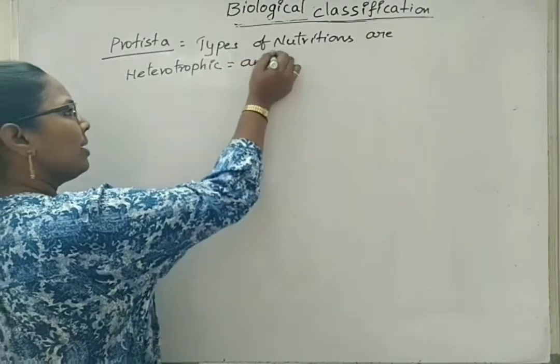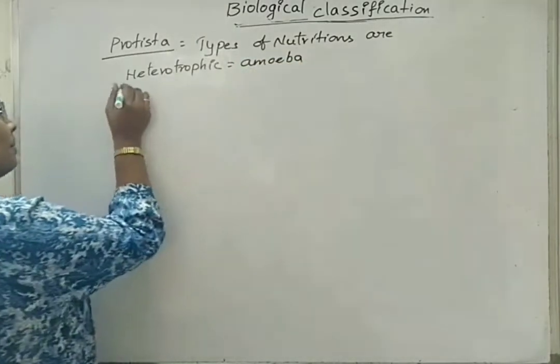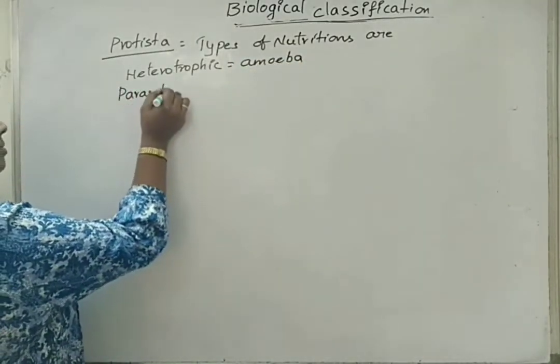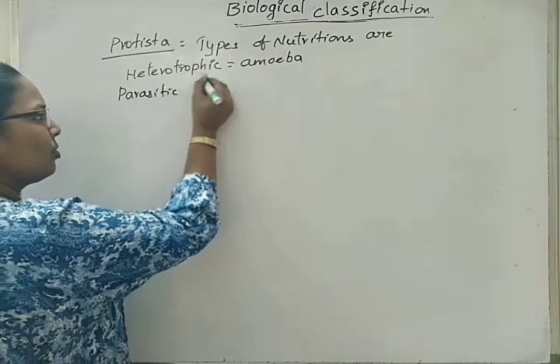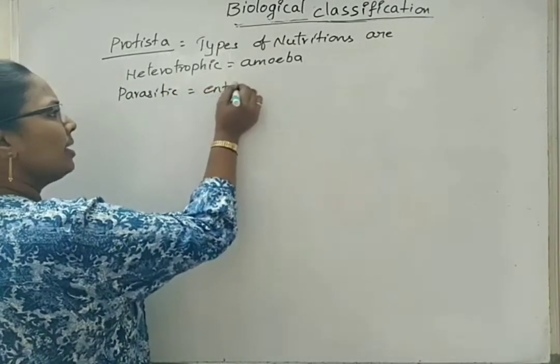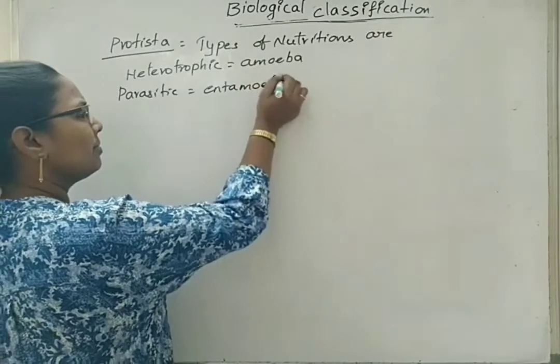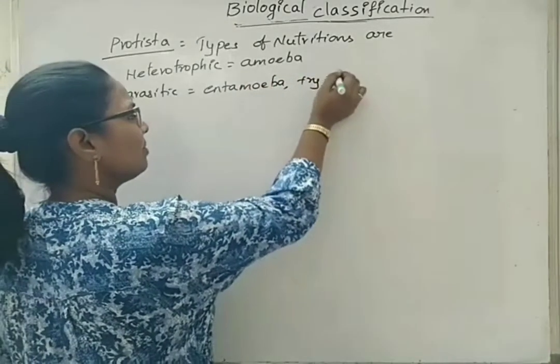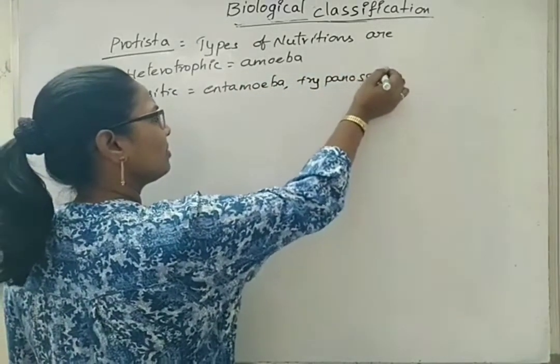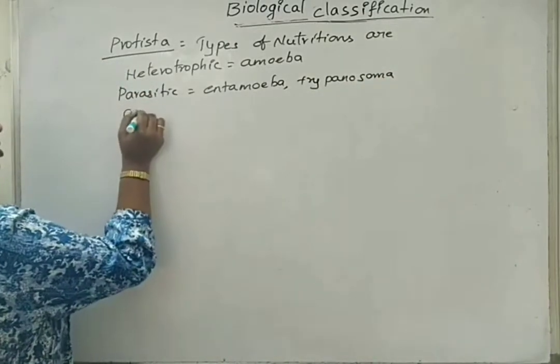Example is amoeba. Parasitic means by absorbing nutrients from the host. We see Entamoeba, Trypanosoma, etc. Next, autotrophic.